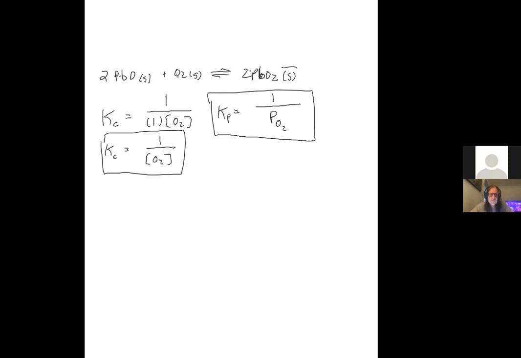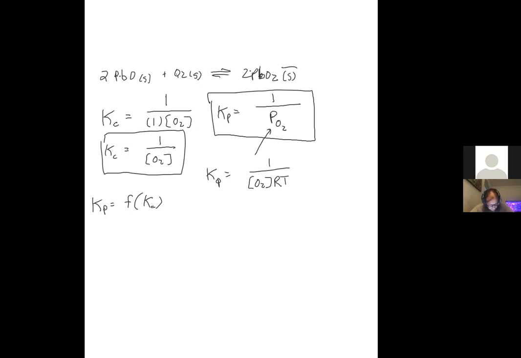Now, pressure of O2, okay? I'm going to come back. We want to show how to calculate Kp. So Kp equals some function of Kc. That's really what we're looking at, okay? So what I'm going to do is, again, put in here 1 over the concentration of O2 times RT, right?